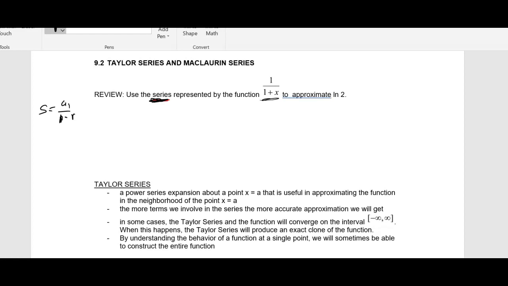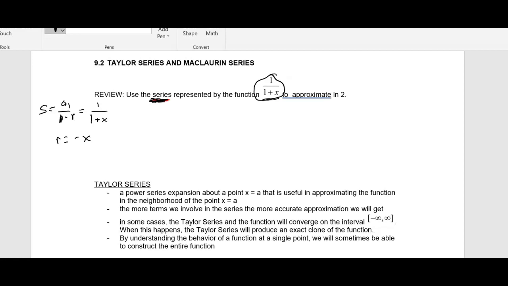That's this formula here, where we have our first term in the numerator, and then it's always 1 minus your common ratio. If you look at what we have to work with here, our first term was 1, and instead of 1 minus your common ratio, since we have a plus x, that would have to mean our ratio was a negative x.